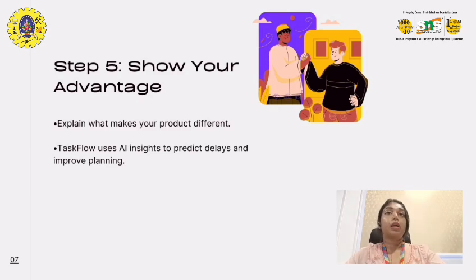Your advantages could be better speed, lower cost, simpler design, better customer experience, AI integration, sustainability, and even accessibility. Whatever it is, make it clear and memorable, because if your audience cannot understand what makes you different, they may forget your product completely, right?